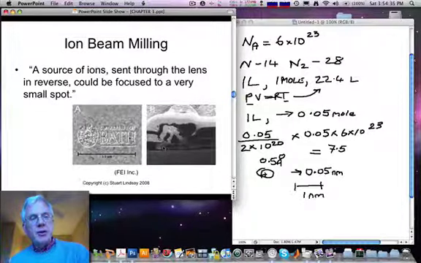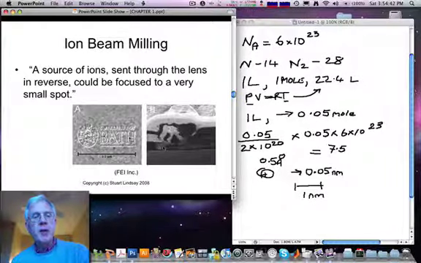Another Feynman prediction was, well, gee, if you can accelerate electrons through a microscope column and form very small structures that way, couldn't you do the same with ions? Of course, with ions, you carry a lot more momentum because they're more massive than an electron, and so you can knock material out of the surface of a sample.